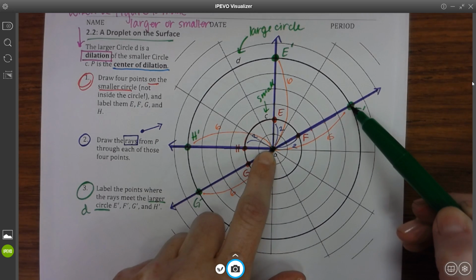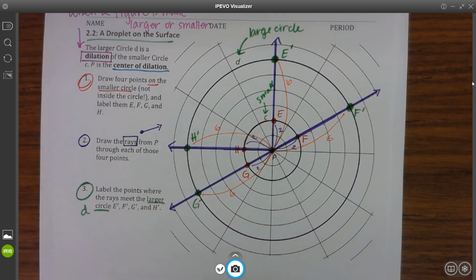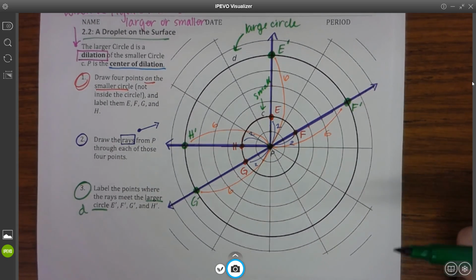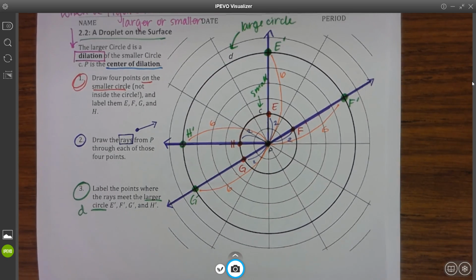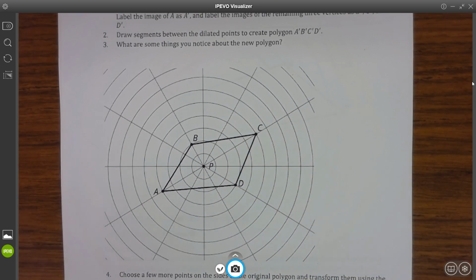So F prime is 3 times as far. So since it's 3 times as far away, my scale factor is 3. Okay, so that's another way to kind of look at the scale factor, is comparing my distances. How did the 2 become 3? So using that information is going to help us here.